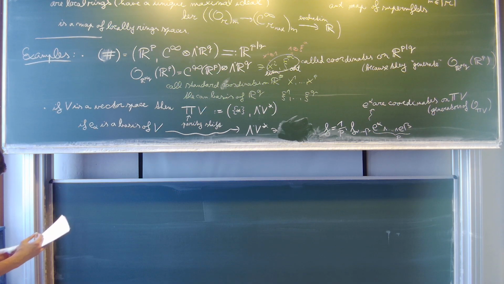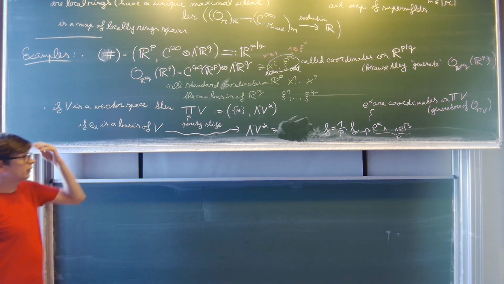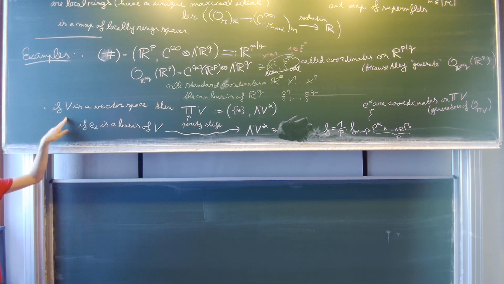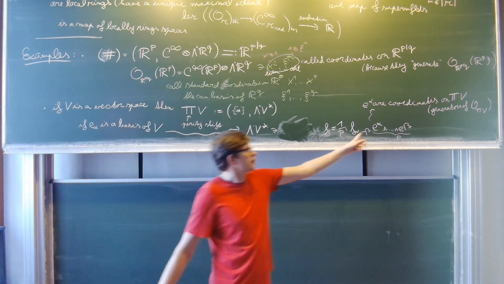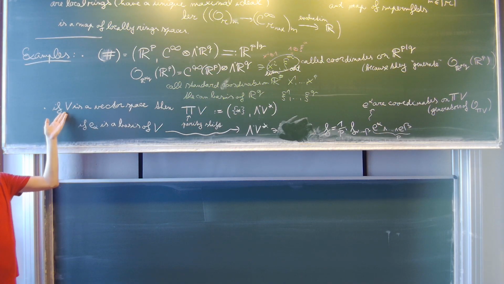So morally what is happening here is that each vector space is in particular a manifold. It's a very boring type of manifold, but it is a manifold nevertheless. If you pick a basis, then the corresponding dual basis gives you a bunch of functions there, so a bunch of linear coordinates.